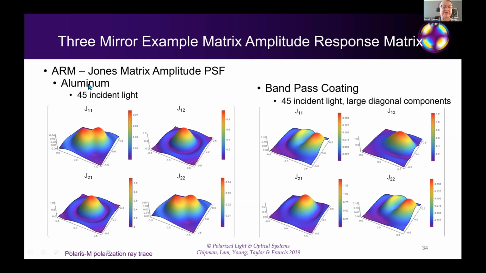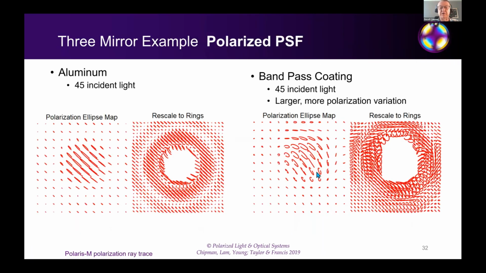So then the way that we can use this amplitude response matrix is we can multiply it by a given Jones vector, and that will give us the Jones vector of the image. So when we multiply this by 1, 1 for 45-degree polarized light, we get an X amplitude and phase and a Y amplitude and phase. And that's where this point spread function was calculated, represented by a bunch of ellipses. Each point here has an X amplitude, an X phase, a Y amplitude, and a Y phase.